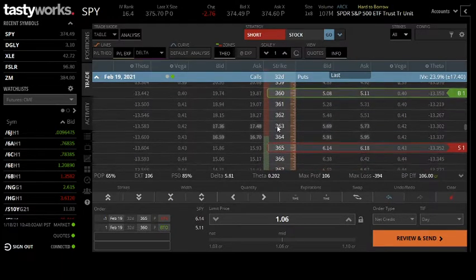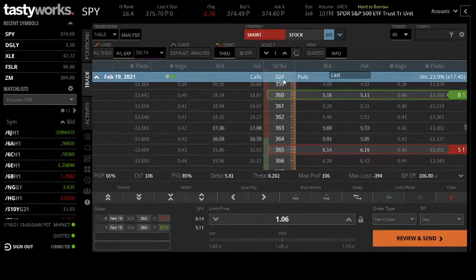So now we have a credit spread. We have 30 days till expiration, DTE. Sell to open 365, buy to open 360. Net, we're receiving $1.06.